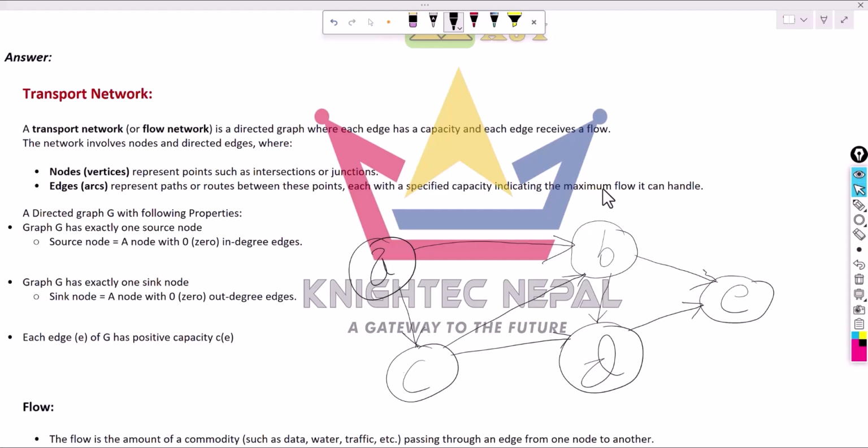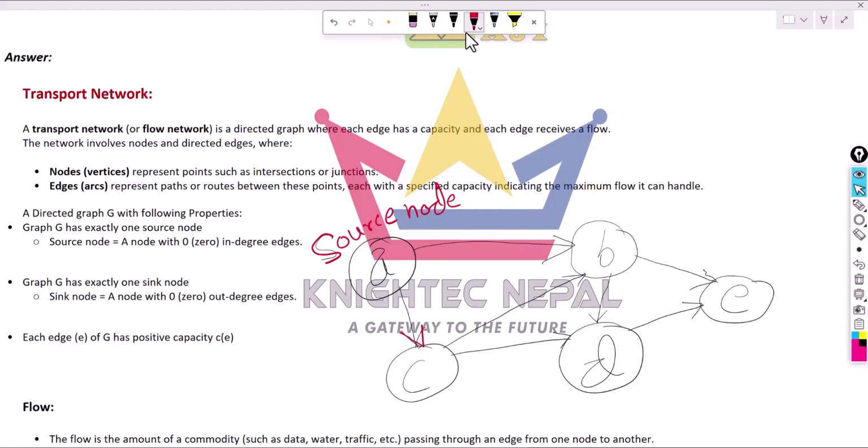Okay, now observe this C. We have incoming edges and we also have outgoing edges, so this can be called neither a source nor a sink or destination node.